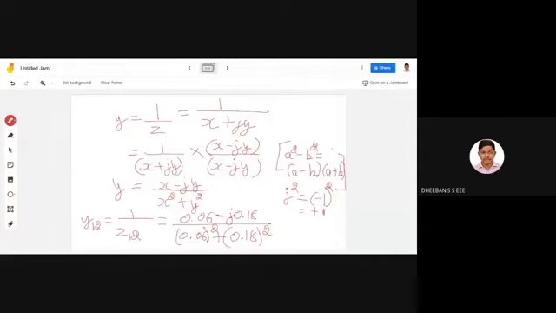Upon solving this, we'll be getting y12. Solve it and tell me the value of y12.